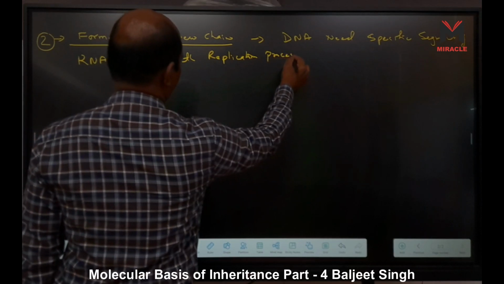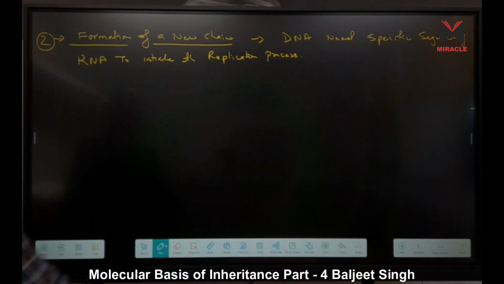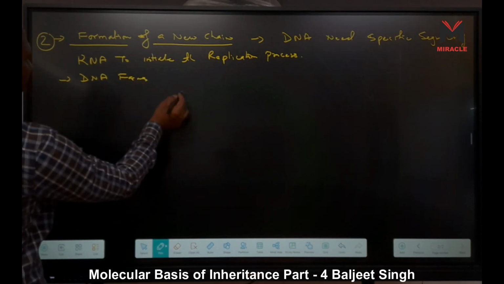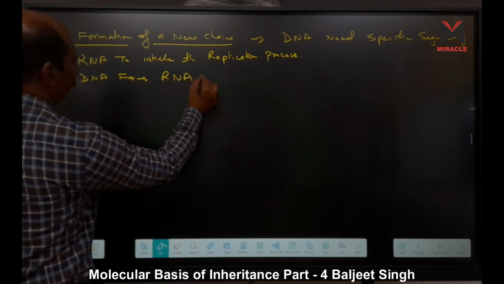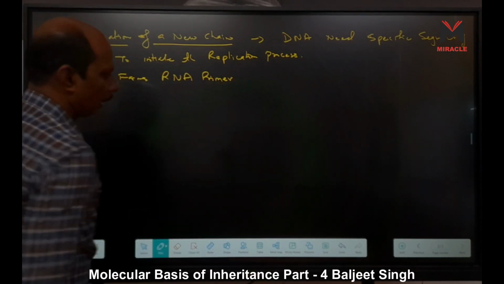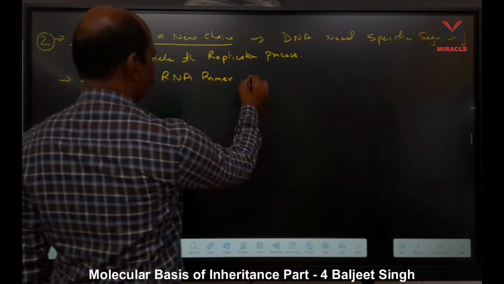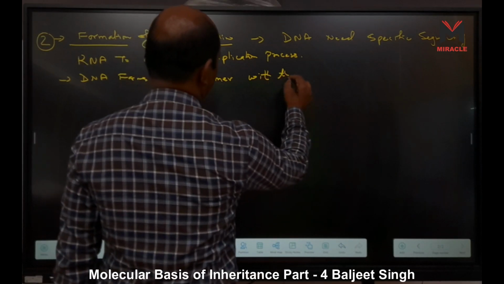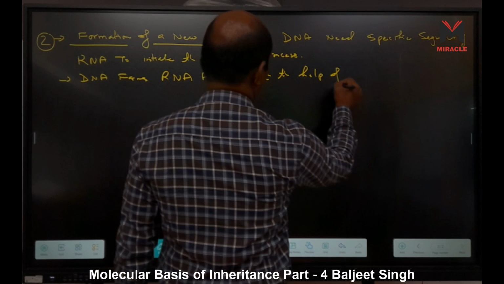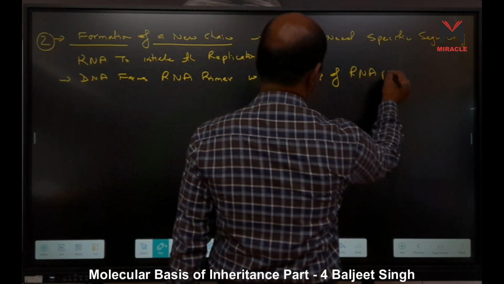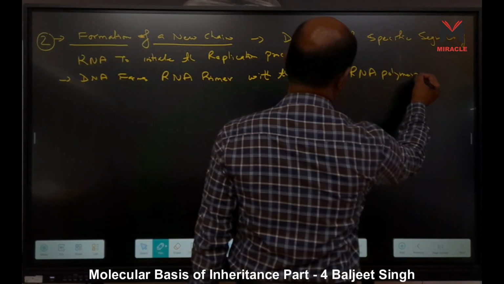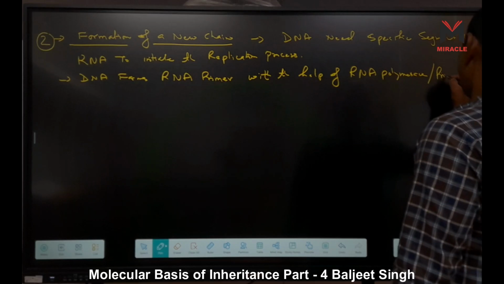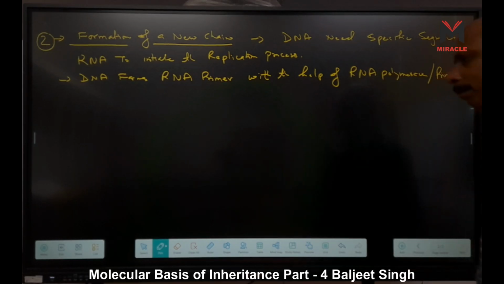The replication process, so what happens? First, it forms an RNA primer, right? With the help of RNA polymerase, and this enzyme is sometimes also called primase because the primer is formed, right?